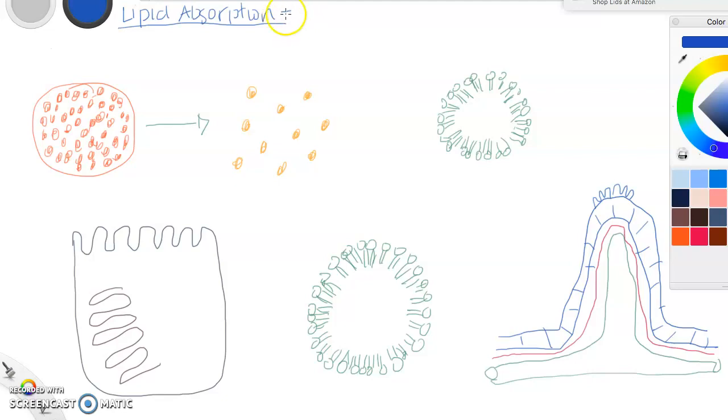So a lipid is a fat, we know. And fats, of course, are hydrophobic. So when we eat fat and take it into our digestive tract, which is really watery, with lots of water in there, it will separate just like your salad dressing would separate.